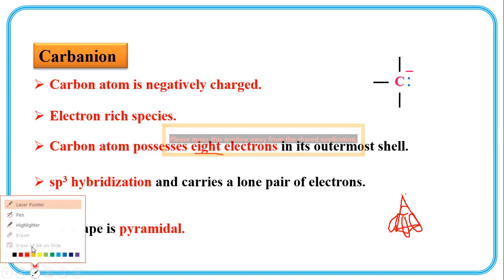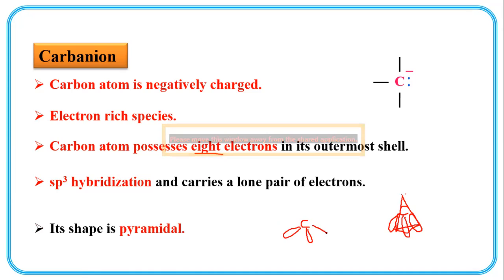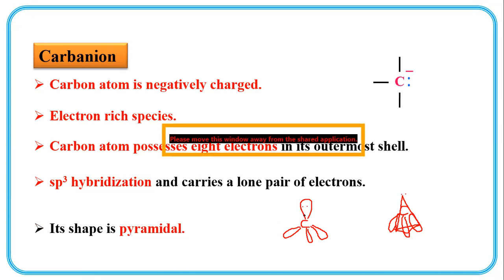Let me erase. So instead I will draw here again this carbon, one sp3 hybrid orbital, second, and this is third, and with this lone pair of electrons, the fourth hybrid orbital, sp3 hybrid orbital.